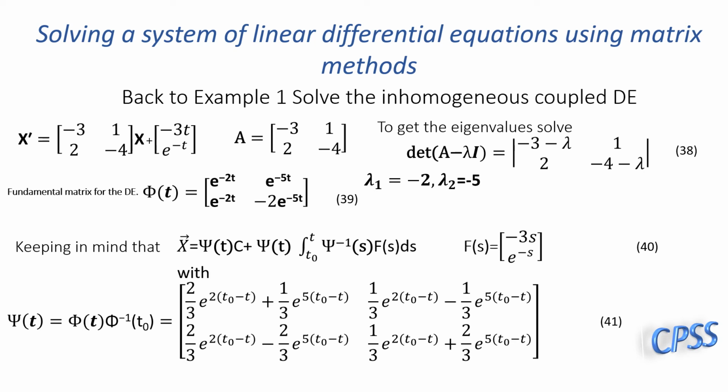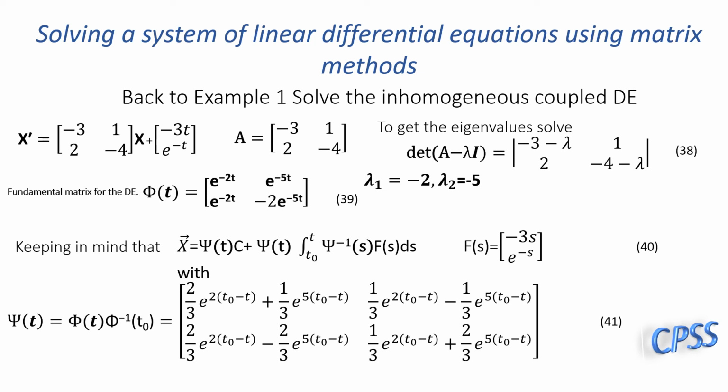Now in equation 40, we have a different fundamental matrix solution, which is the matrix exponential solution, which we covered in previous charts. But in order for this to apply, we can't use the matrix in 39, because when you make t equal to t naught, or t equal to 0, it does not come out to the identity matrix.